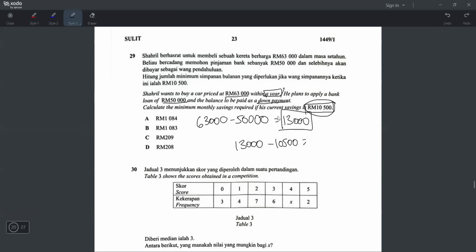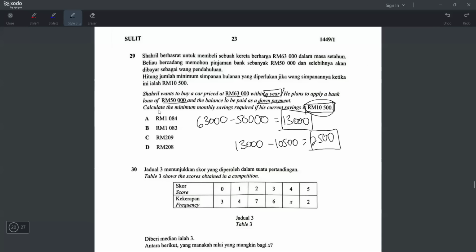My calculator give me 2,500. But if you look at ABCD tak ada kan? Okay, you know why? It's because this one is within a year. So 2,500 is the amount he need to save within a year.